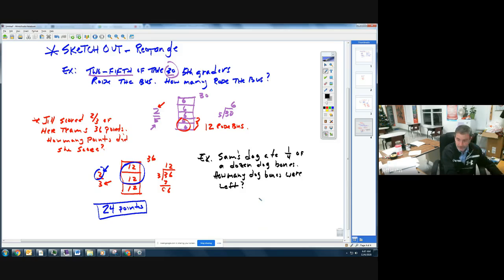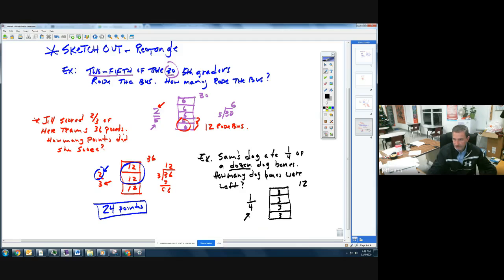So here we go. I'm going to draw my rectangle here. Again, not my best work there. This rectangle stands for a dozen. Hopefully you know that a dozen is 12. This is 12 dog bones. The fraction they gave me was 1/4. The bottom number is how many equal pieces I cut my dozen into. I cut 12 into 4 pieces, so there are 3 dog bones in each one of those 4 pieces.